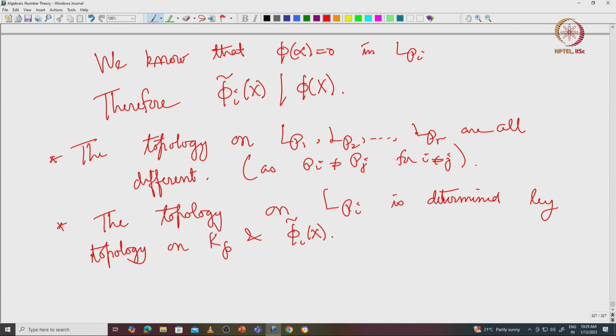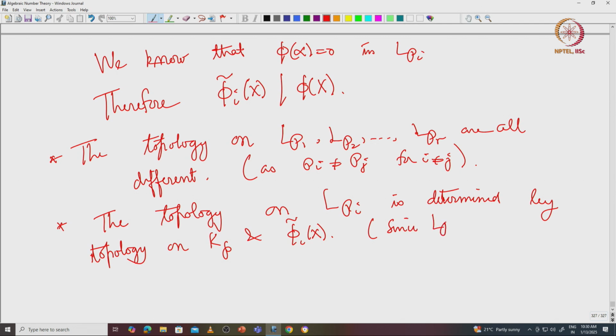L_{P_i} is given by adjoining a root of phi_i tilde, and so we want to extend the valuation on K_p to a valuation on K_p(alpha), where alpha is a root of phi_i tilde, and so any element of that is a linear combination of powers of alpha.